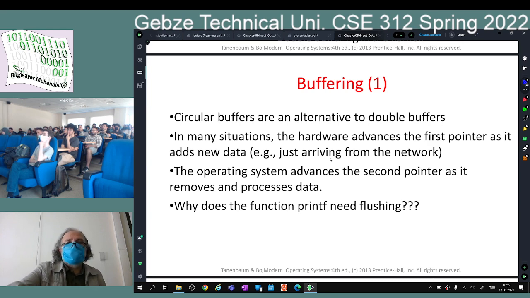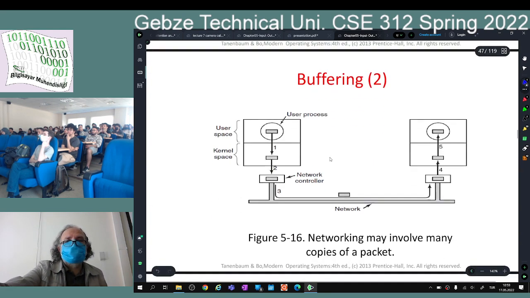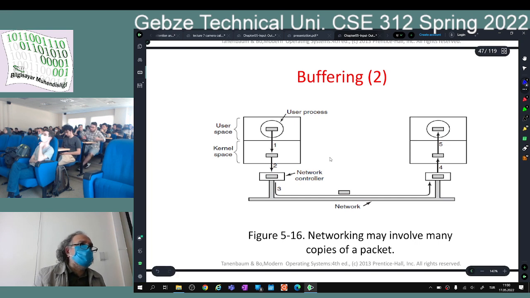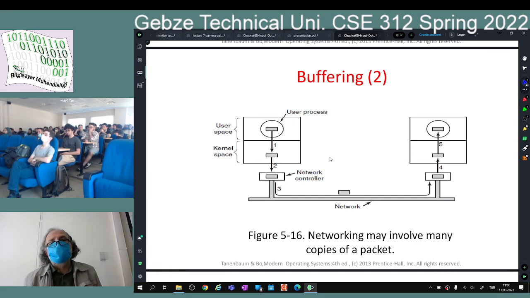So circular buffer, the story behind it is this. As I said before, buffering is nice, but usually we overdo it. When it comes to networking, this is the situation actually. There is a buffer at the user space. Kernel keeps a buffer, usually a double buffer or circular buffer. Our network controller, remember our device controller, has a buffer in that too.